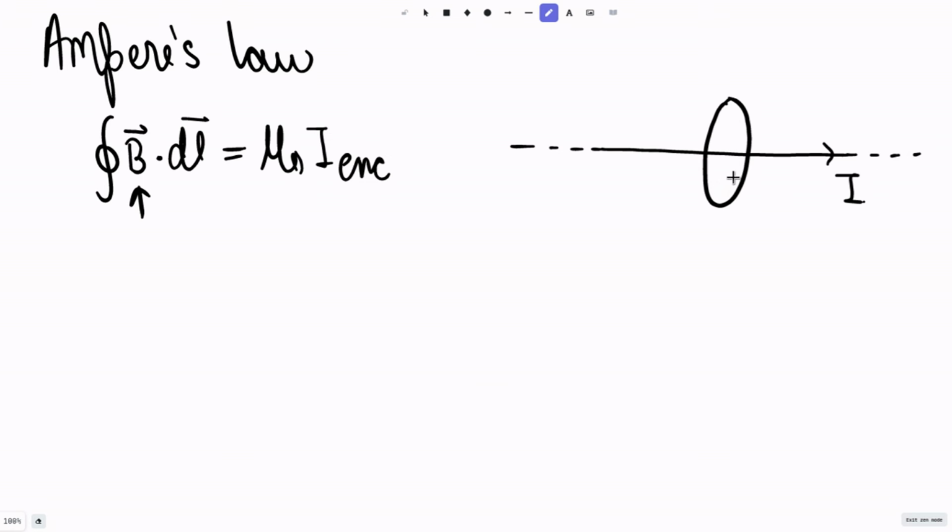Then the direction of our magnetic field will be in the circle itself. Since your current is going this way, use Biot-Savart's law and think, now this is the radius from here to here.